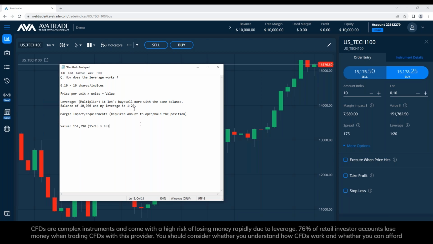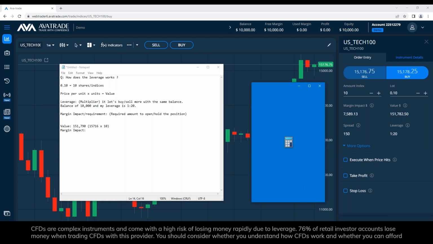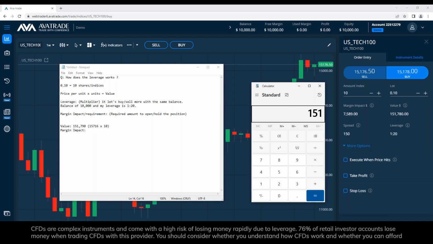Okay, right. So yeah, it does make sense. The margin impact is if we divide that by 20, let's see what happens. 151,790 divided by 20 is 7,589. I guess that we could round it. Nobody's going to get upset. So this is the true amount that I need.